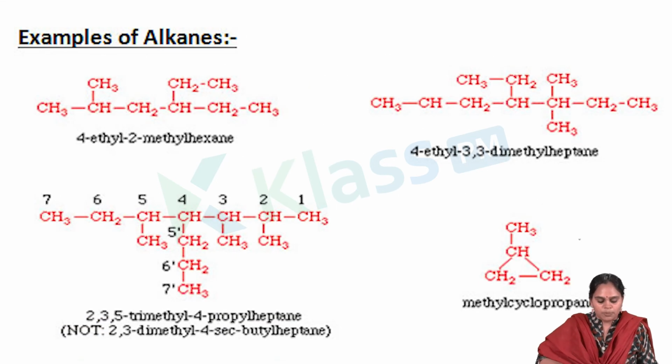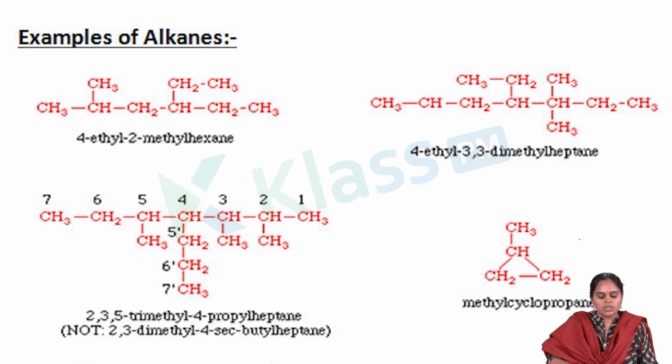See some more examples for alkanes, how they are named. 1, 2, 3, 4, 5, 6 carbons are there. So hex, ane, all are single bonds. And in the fourth position, 1, 2, 3, fourth position, ethyl, and 2 methyl. 4 ethyl comes first because E comes first in alphabetical order. So 4 ethyl, 2 methyl hexane.